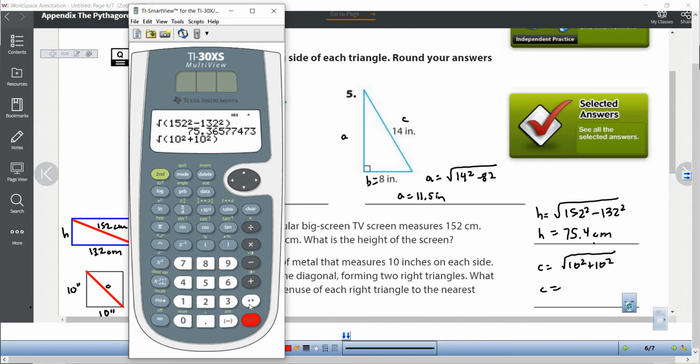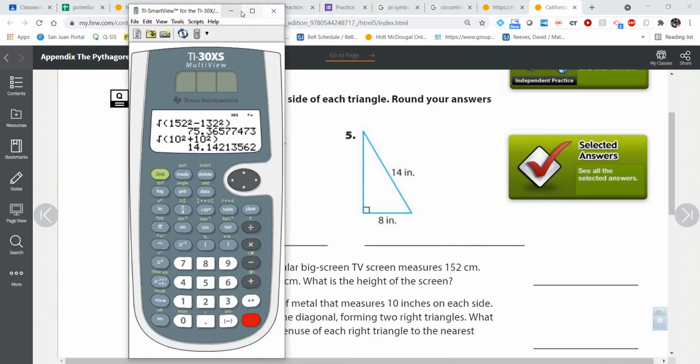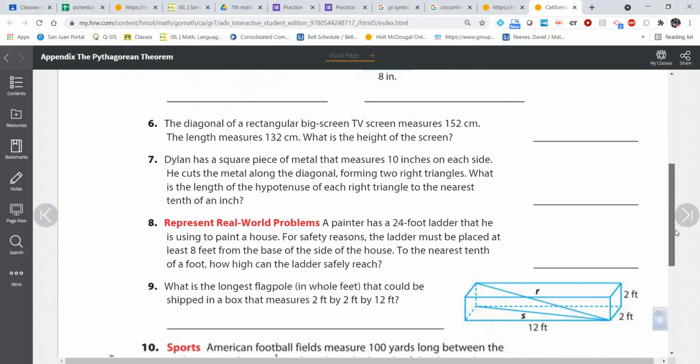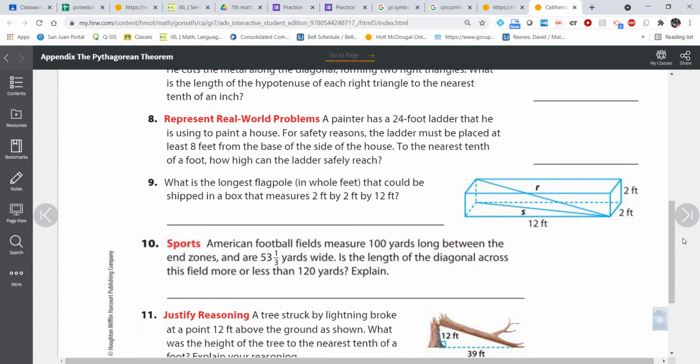We get 14.14. So 14.1 inches when we round to the nearest tenth. Alrighty. See, the Pythagorean theorem is amazing, isn't it? It's just so useful to find so many different lengths that we need.